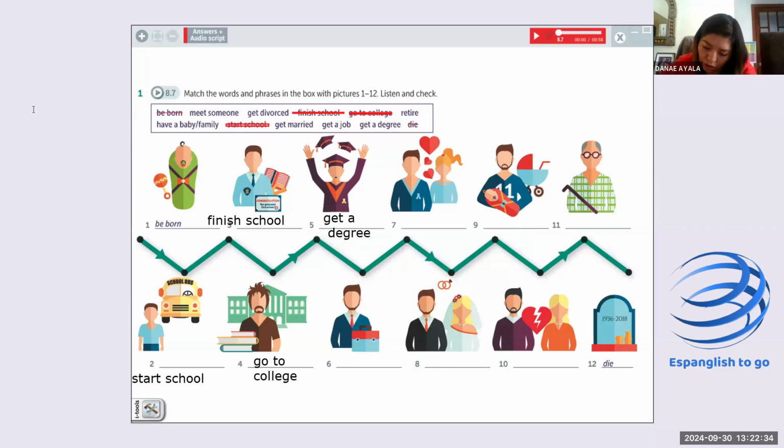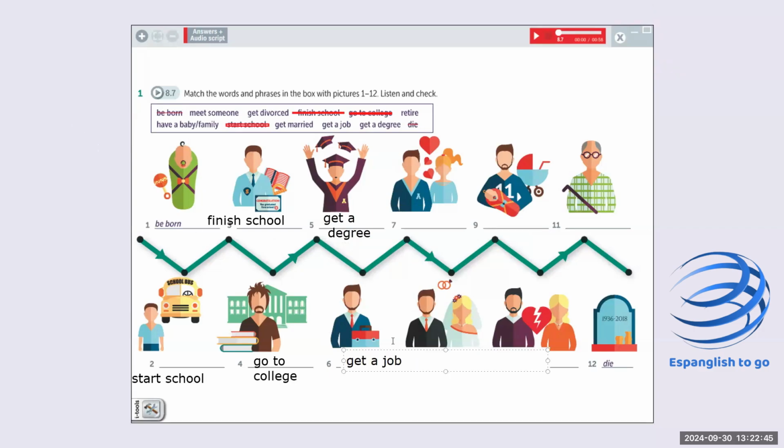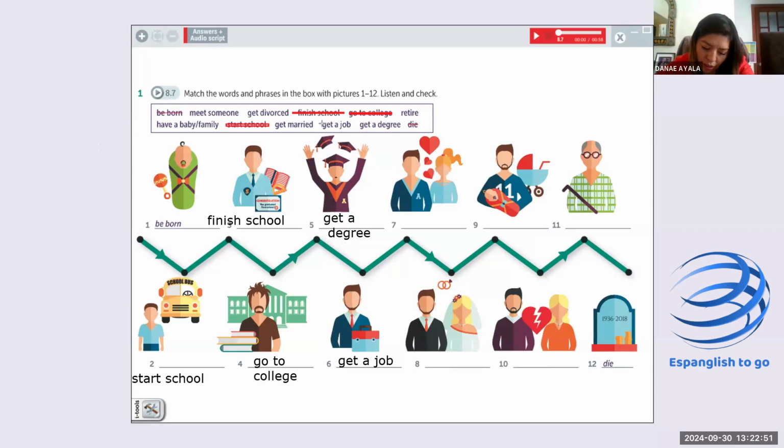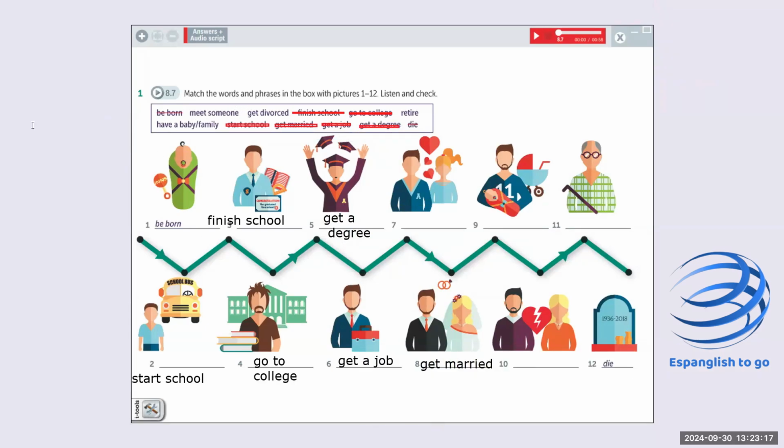Number 6 is first job, get a job. Number 7, get married? No. What is get a degree? Título. Get a degree, so I think that's a 5.